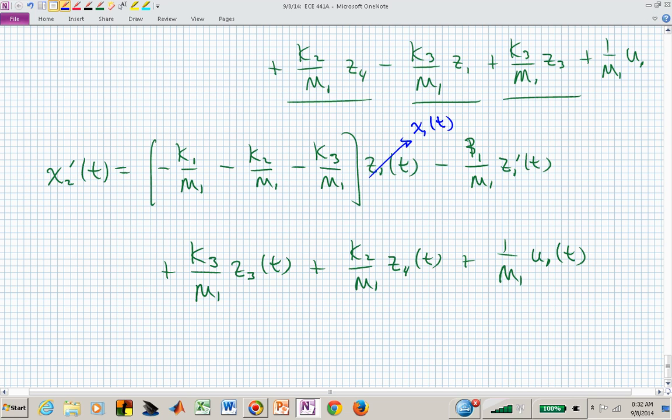The velocity of mass 1, which was z1 prime, was x sub 2. Z sub 3, that was the position of mass 3, which was quite a ways down in our state vector. That was x sub 5 of t. Z sub 4 was the last state variable component that we defined. That was x sub 7.